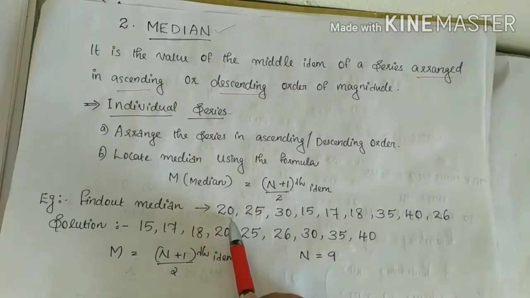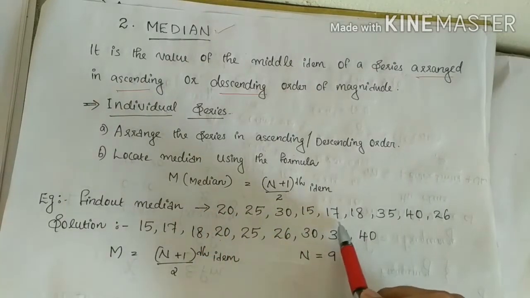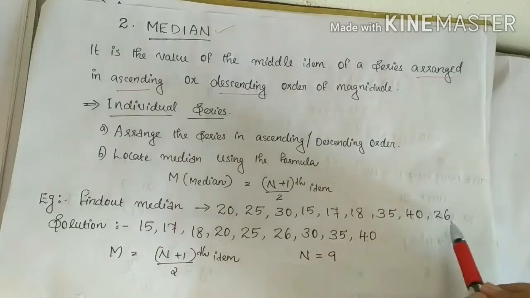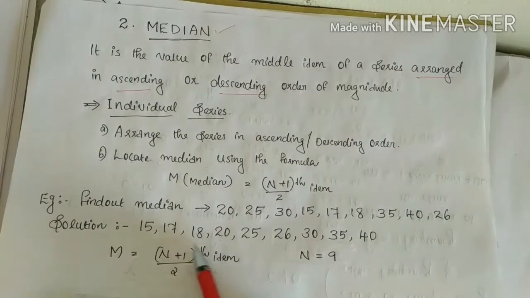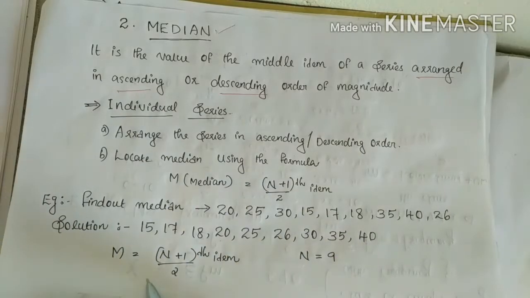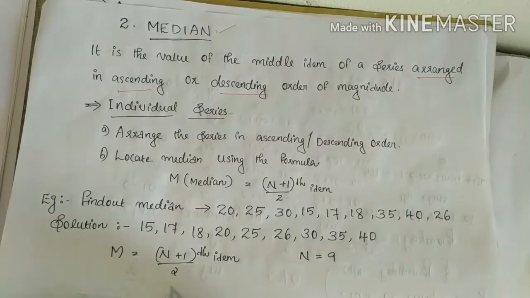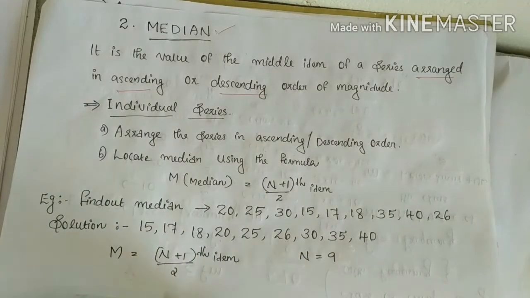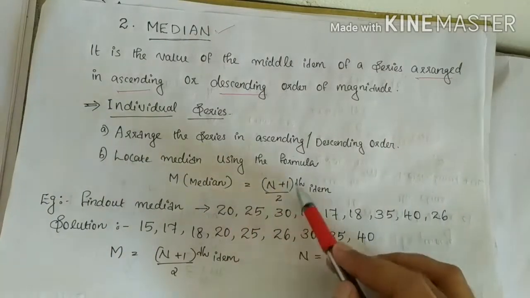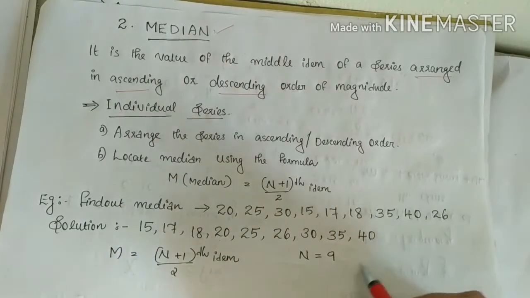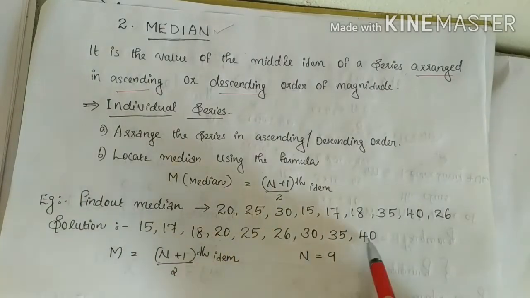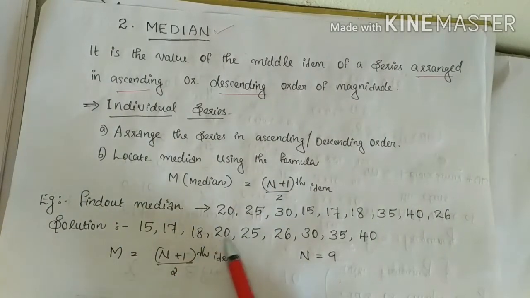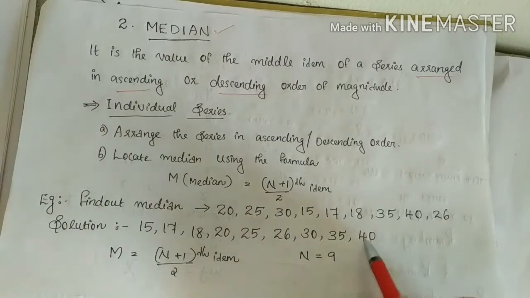Here the data are 20, 25, 30, 15, 17, 18, 35, 40 and 26. So first you have to arrange the data in ascending order. Then apply the equation median is equal to (n plus 1) by 2th item. Here what is n? N is the total number of items in a series. Here the total number of items is 9, that is 1, 2, 3, 4, 5, 6, 7, 8 and 9.